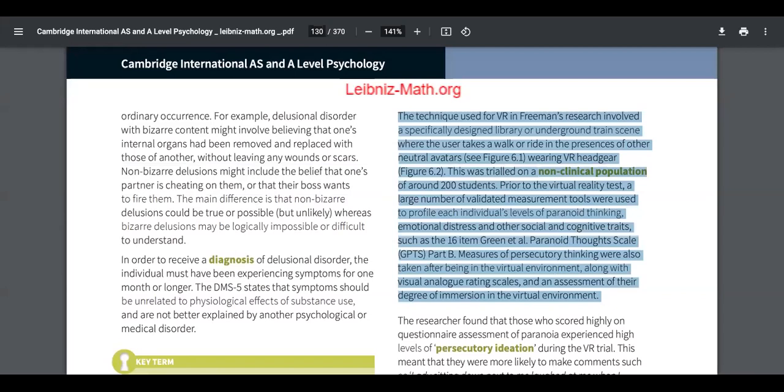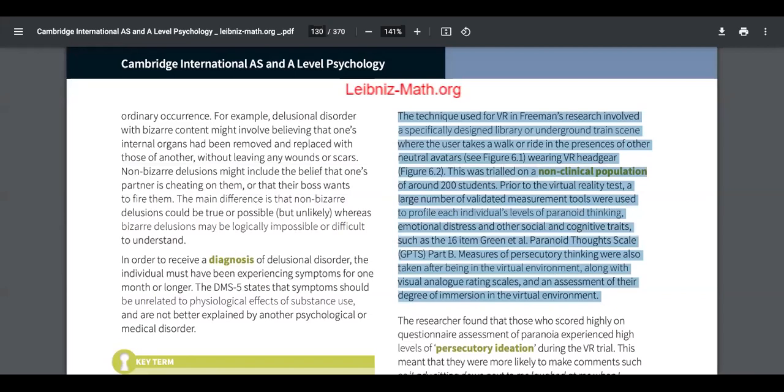Before the VR situation took place, where you wore the headgear and took this experience, they took a few validated measures. They wanted to see to what extent the person is already paranoid. If you score highly on these measures, that means you are already a little delusional, a little paranoid.